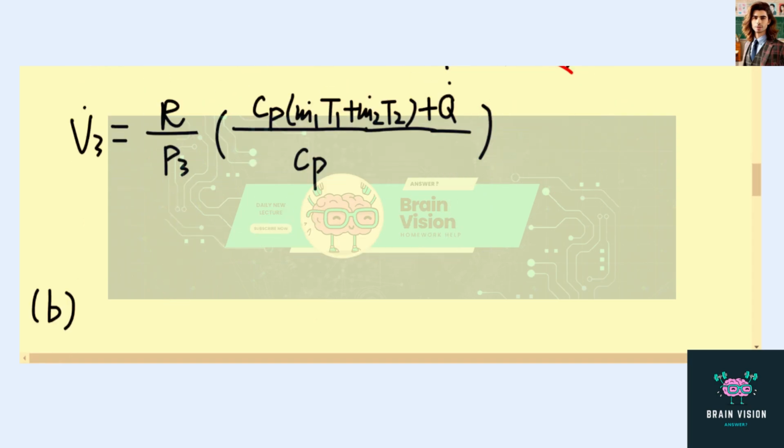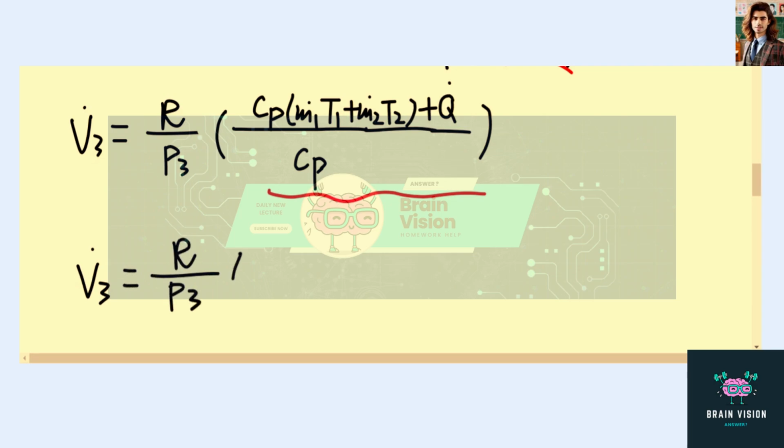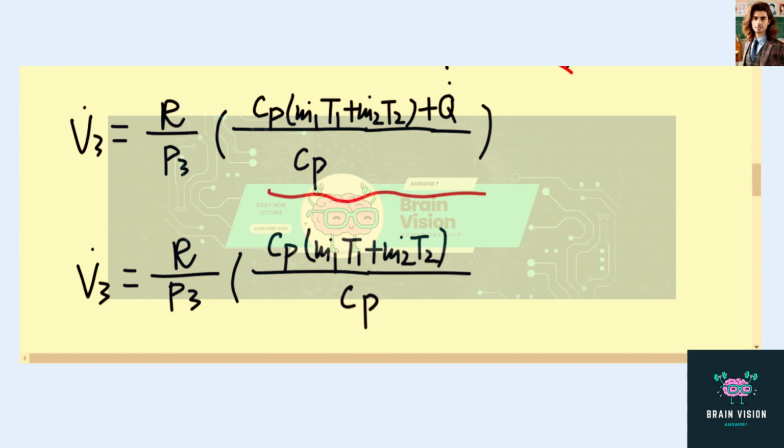And as you can tell, this part can be expressed like this, which I will show you. So V3 dot can be equal to R over P3 times Cp times M1 dot T1 plus M2 dot T2, over Cp, plus Q dot over Cp.